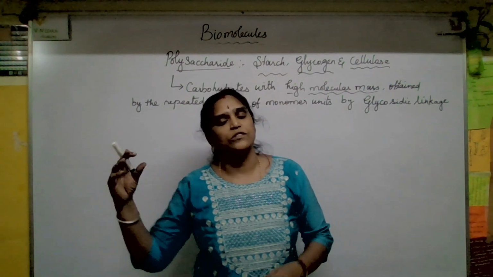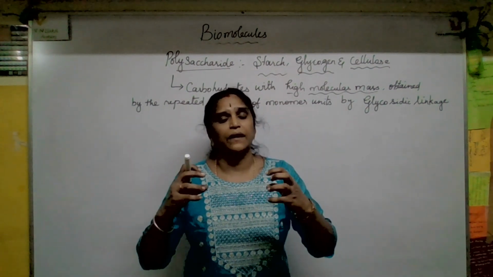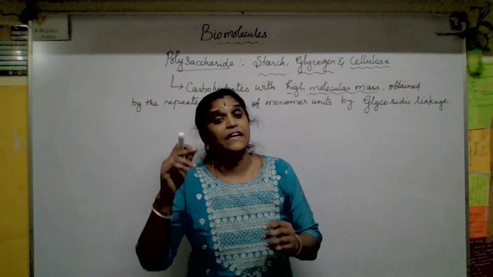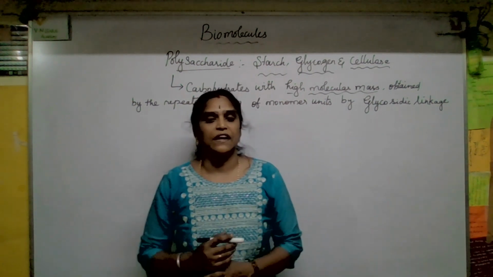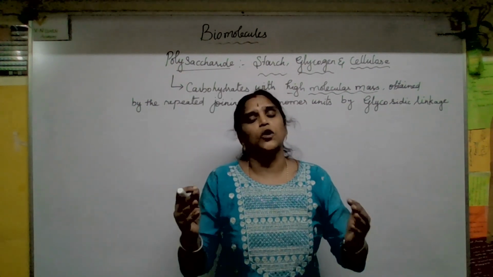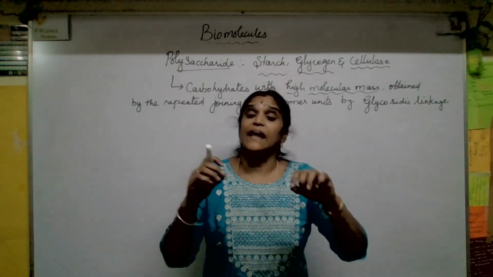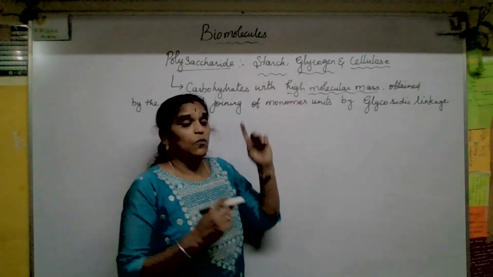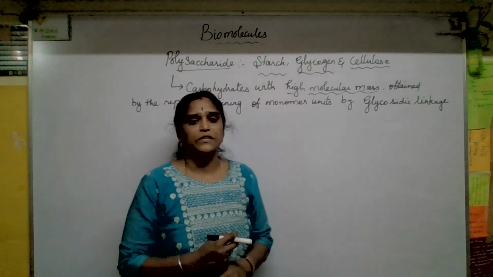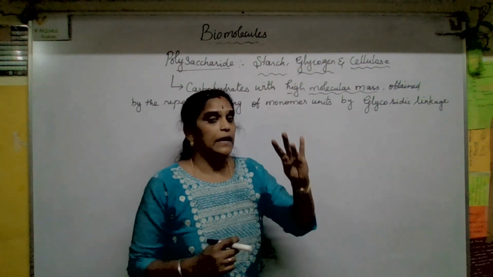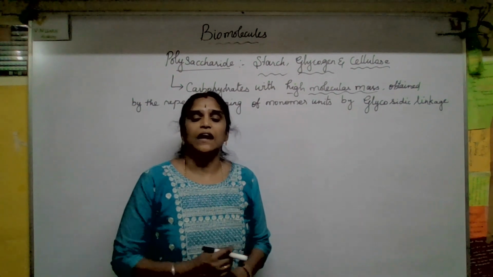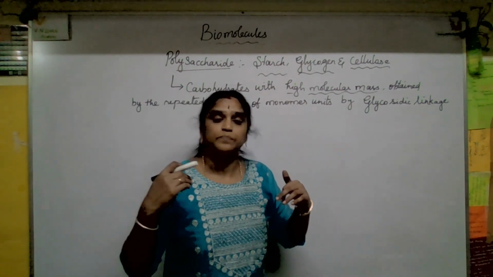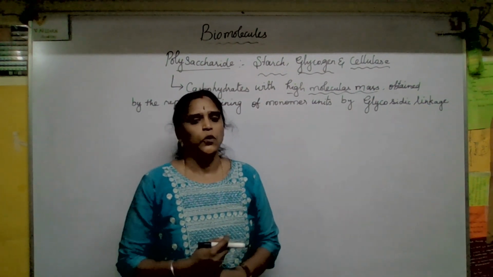Even in a disaccharide, two monosaccharides combine through a glycosidic linkage. Here a number of monomers combined with glycosidic linkages is called a polysaccharide. The main examples are starch, glycogen and cellulose. In our next class we will see these examples and their structural formulas.